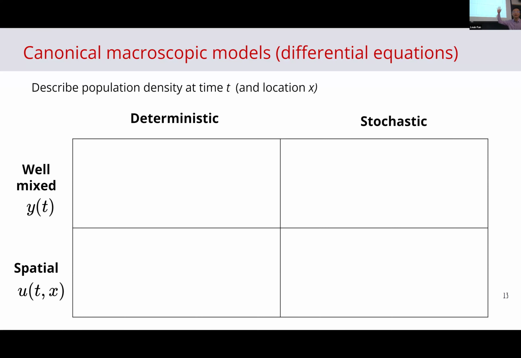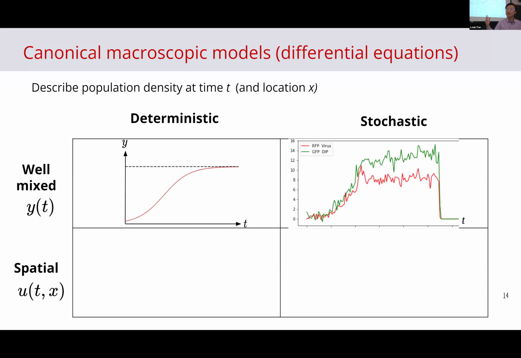Roughly speaking, it depends on whether we take into account randomness or spatial interactions. So you can imagine we can fill in these four boxes, and Y_t, let's say, is the population density at time t, and then U(t, x) is the population density of some type at time t and location x.